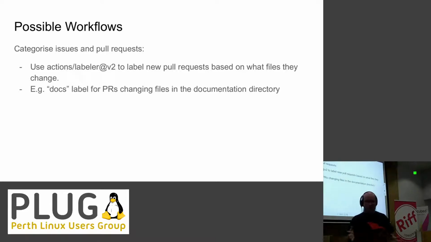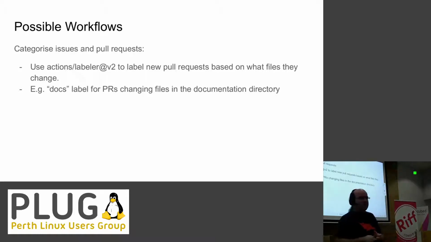So I was just going over a couple of the possible ways you could build up a workflow. Just after this, I was going to show a couple of projects which have built up some workflows.